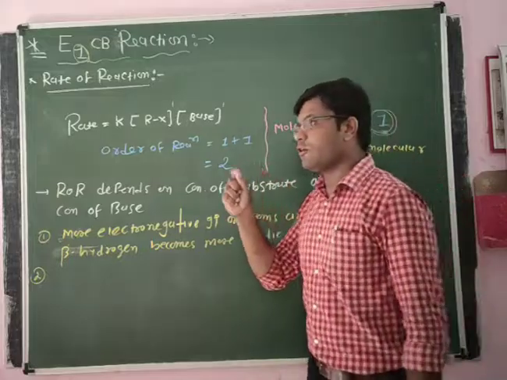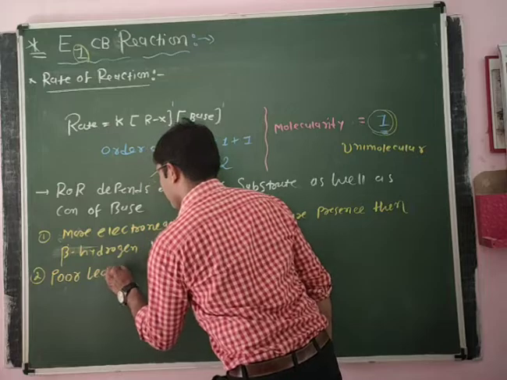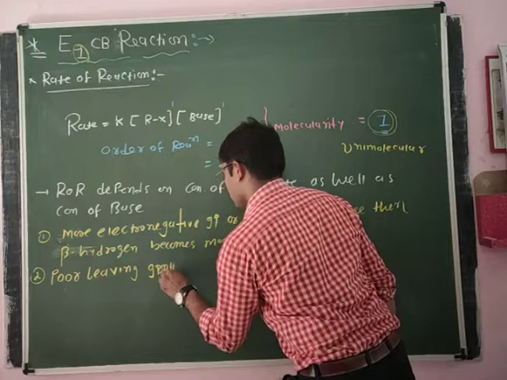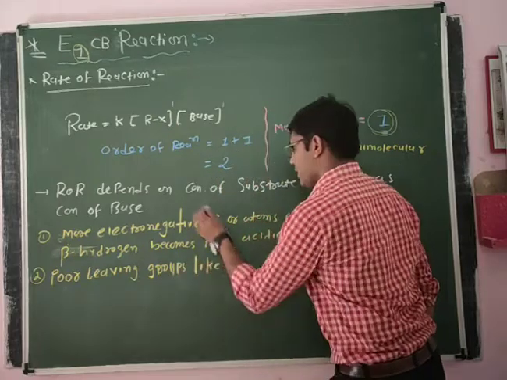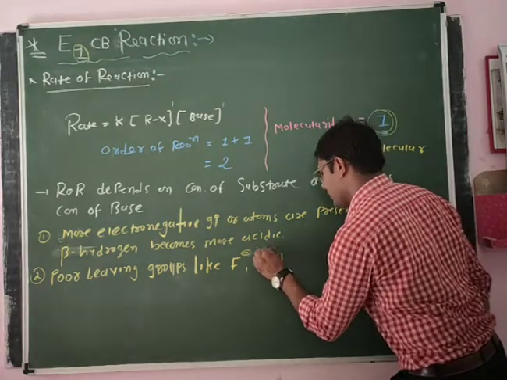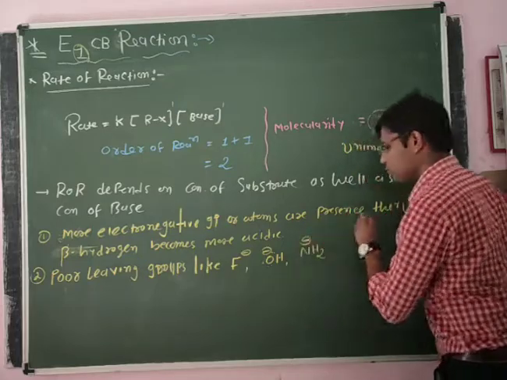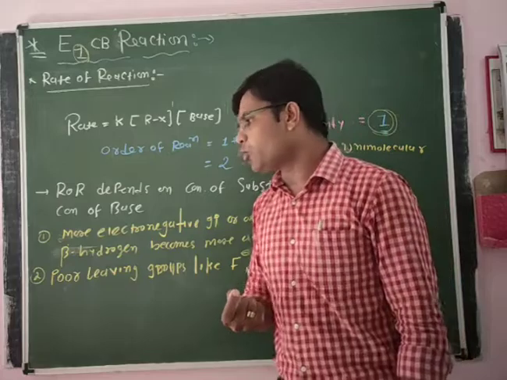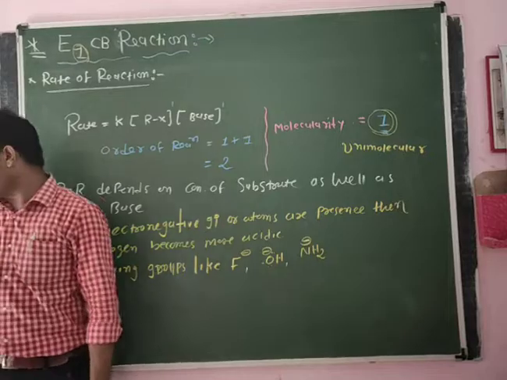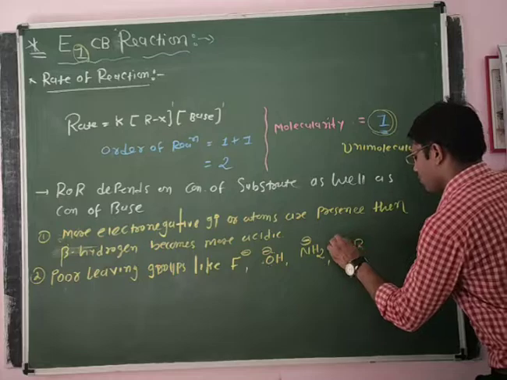Generally, this reaction occurs in the presence of a poor leaving group. Poor leaving group. We have already discussed leaving groups. Like we saw in the examples, fluoride F-, as well as hydroxide OH-, as well as NH2-, and we can also say alkoxide ion RO-.